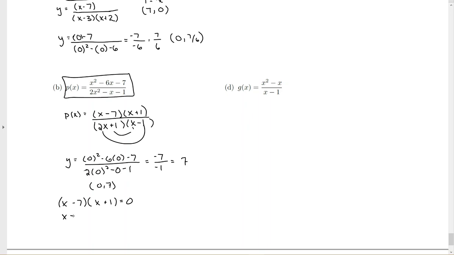Set each factor equal to 0. Solve for x. And this one happens to have 2 x-intercepts. So one is going to be at the point (7, 0), and the other one is going to be (negative 1, 0).